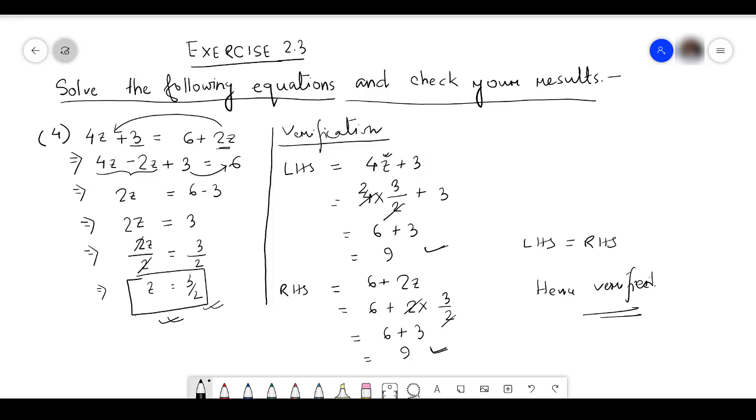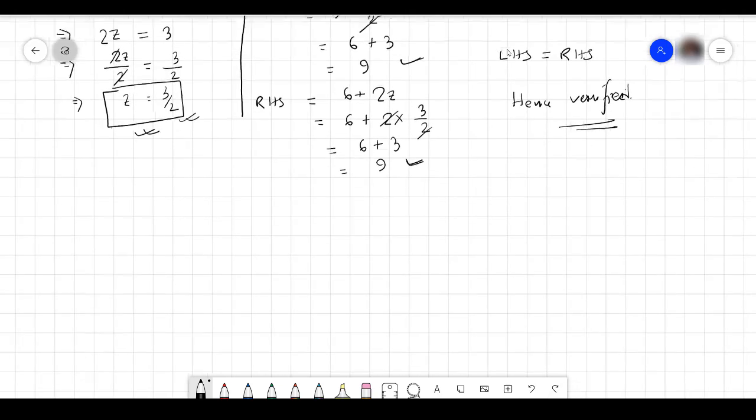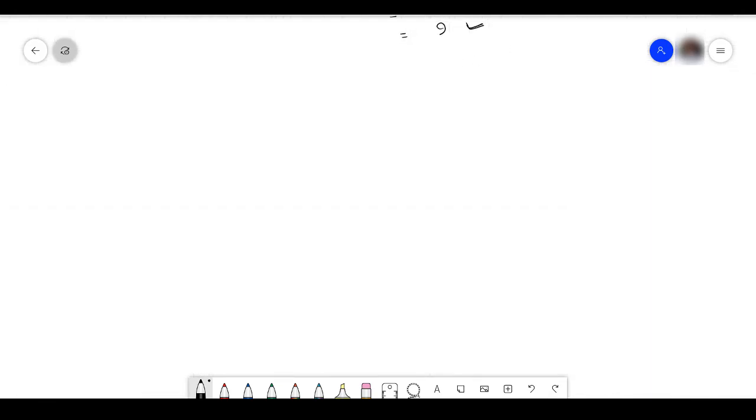Now let us proceed to the next question. This is question number 5. The equation given is twice x minus 1 is equal to 14 minus x. Like the previous sums, here also we have to shift this minus x to the opposite side.